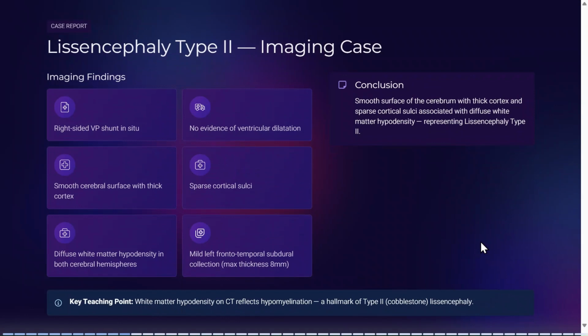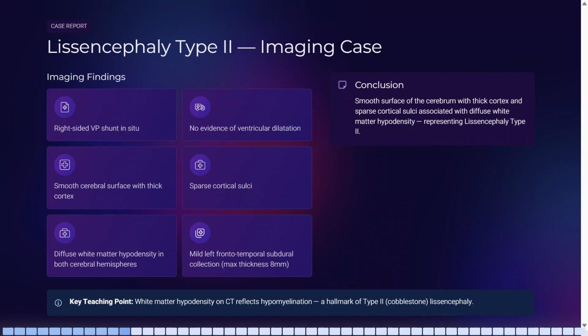So this represents Lissencephaly type 2, because the main differentiating feature is a smooth surface of the cerebrum with thick cortex, sparse cortical sulci, and white matter hypodensity. So these were the three things that indicate that this is type 2 Lissencephaly.